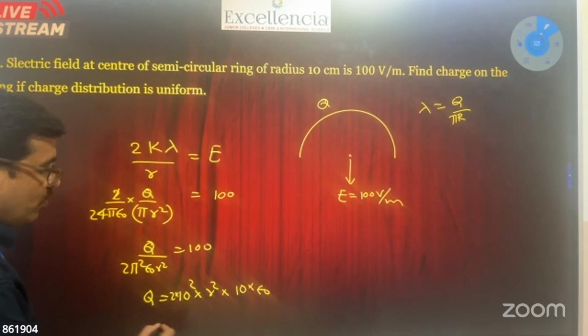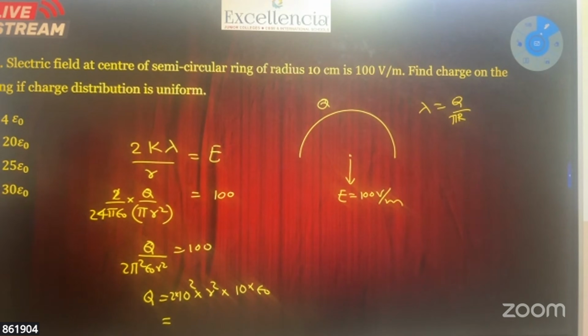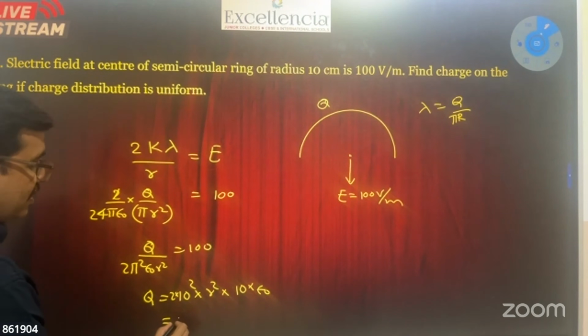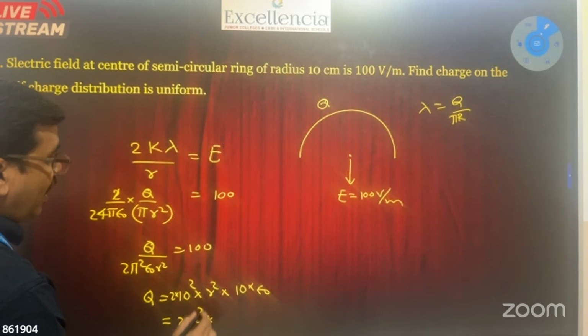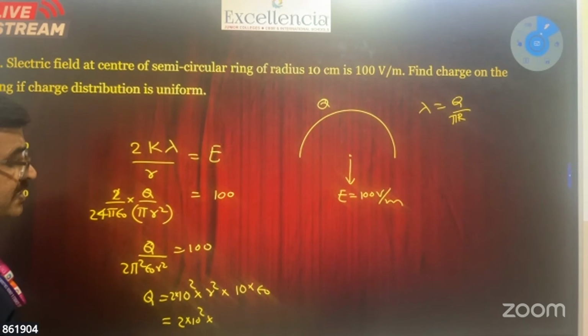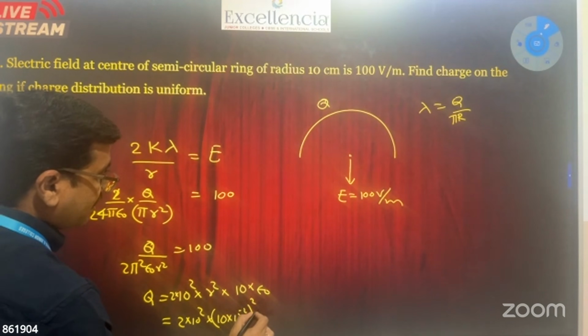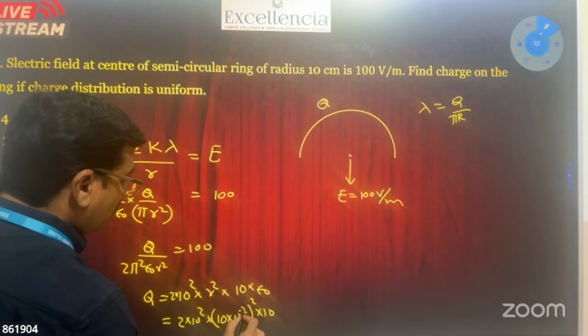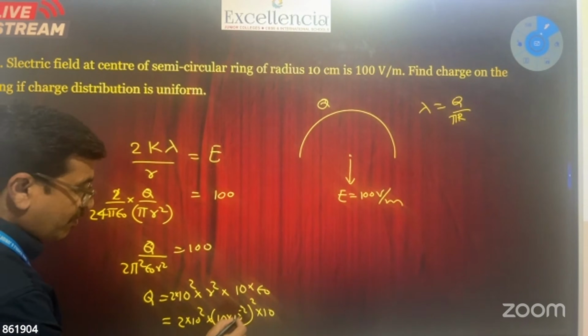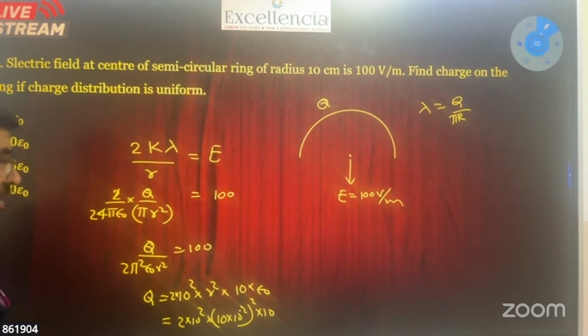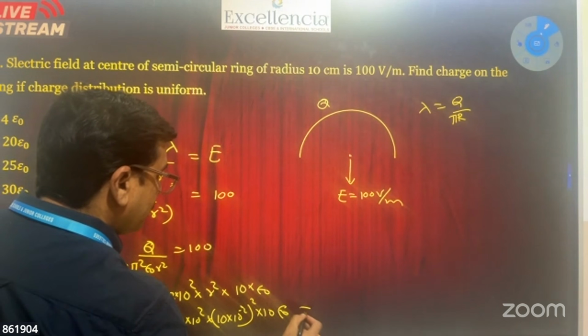On substituting the values, we'll be getting 2 into 10 to the power of 2 into r, the radius is 10 centimeter, which is 10 into 10 to the power of minus 2, whole square, into 10. On solving it, this is 10 to the power of minus 4 over here, and epsilon naught.